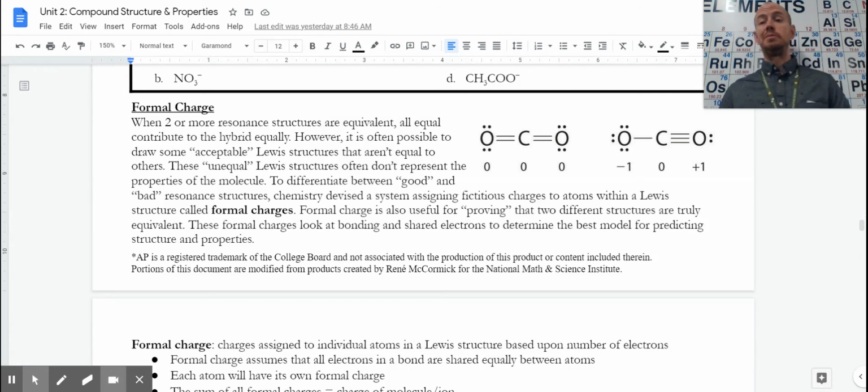That's not true in terms of the way the bond functions or the nuclei, but it does help us understand why something is more favorable than the other or what a formal charge is. Because when I split this bond down the middle, I see that oxygen has 4 of its own electrons, plus we would assign it 2 of the electrons from the double bond. The carbon has none of its own, but it's got 2 from this bond and 2 from that bond.